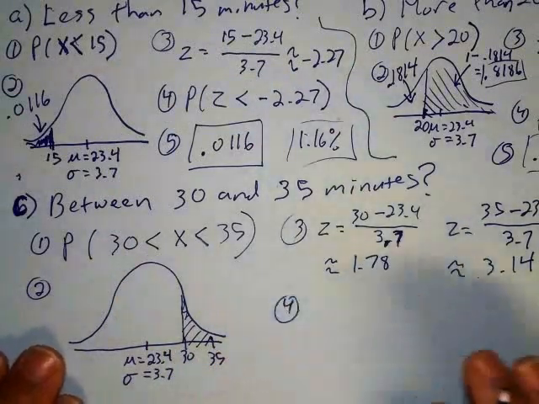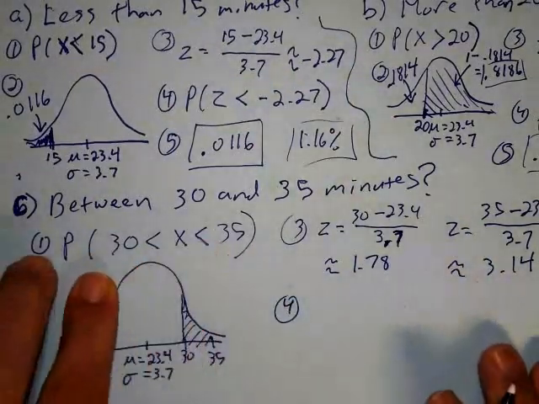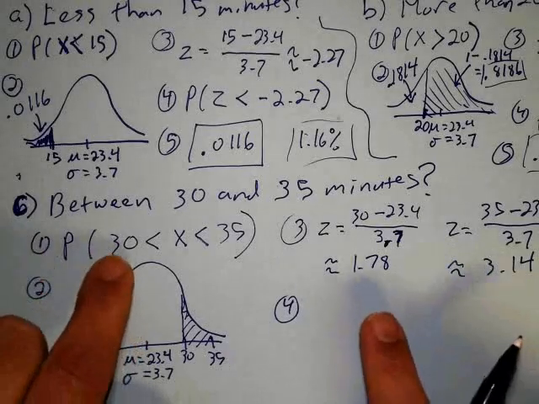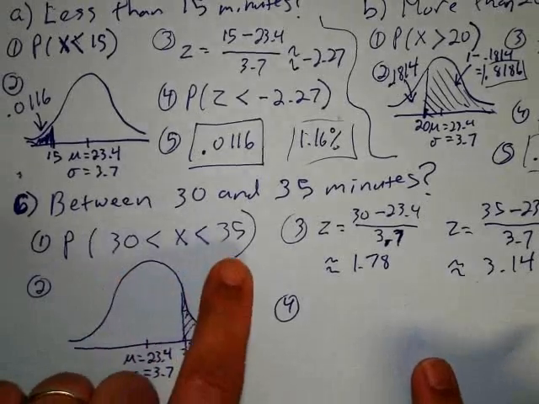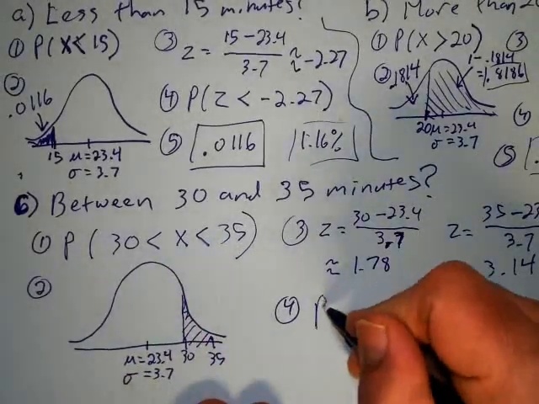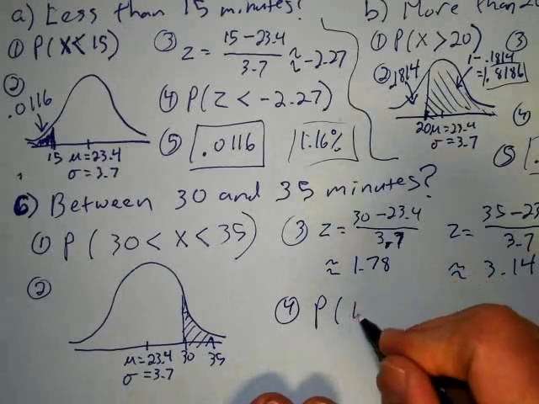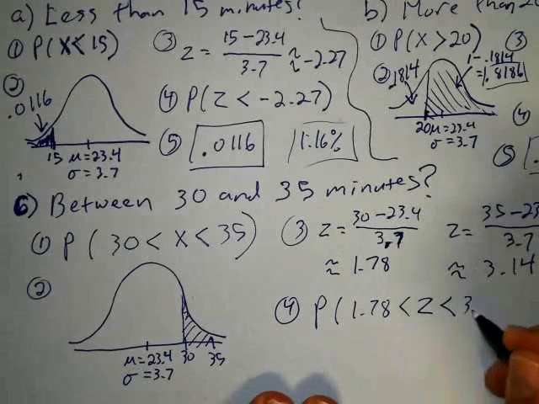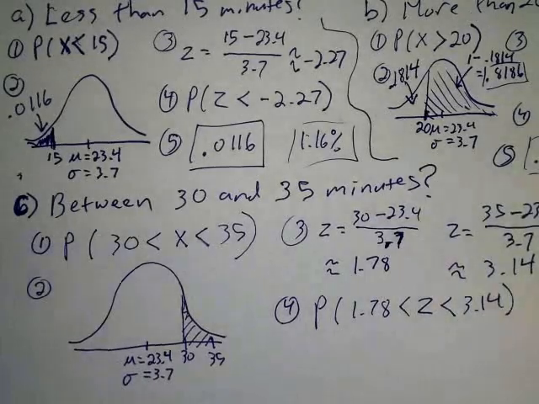Now I'm going to convert this into the corresponding z-score probability, and it'll be a between probability. You'll have 1.78 down here, 3.14 up there with z in the middle. So it's the probability that z is between 1.78 and 3.14.